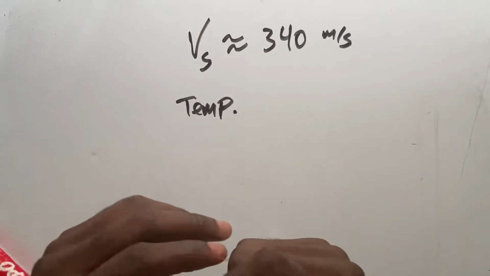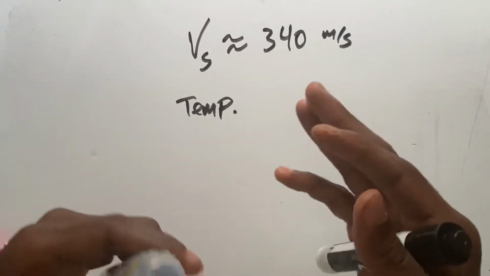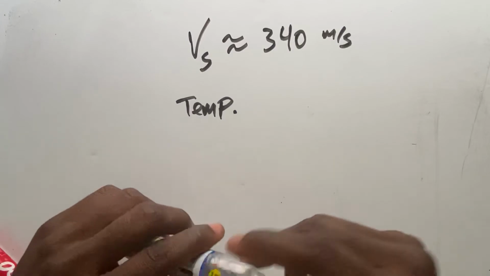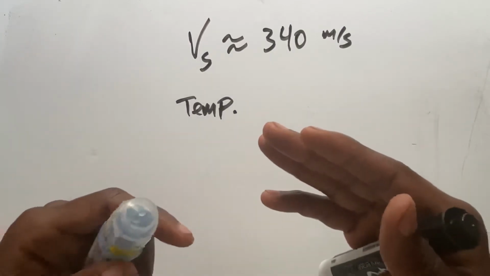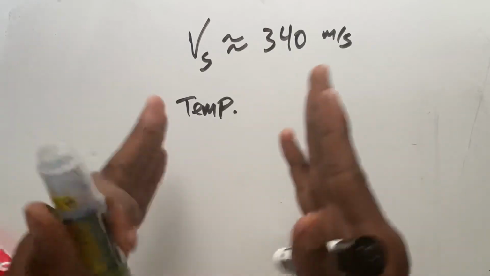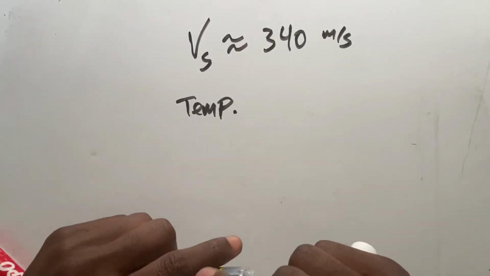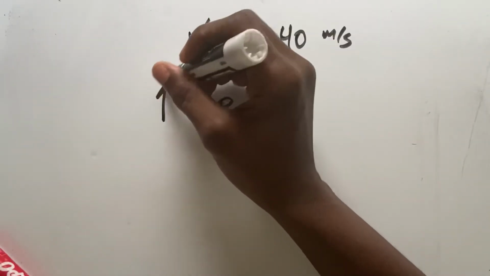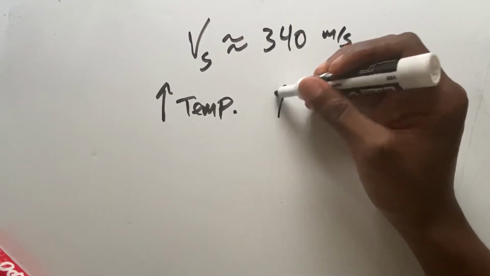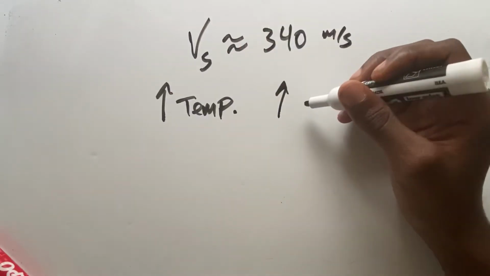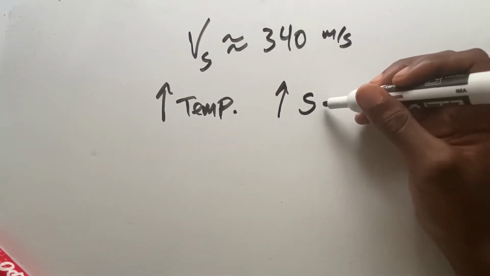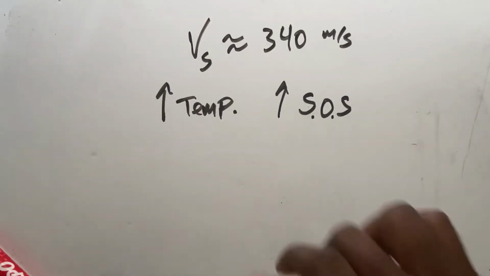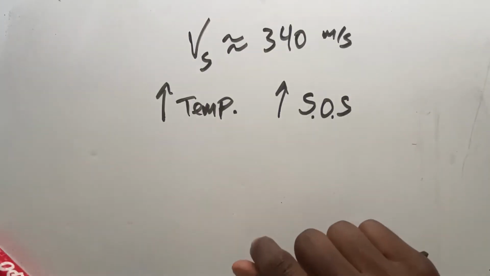So since we know sound is traveling through air and the speed of sound depends on the medium it's in, if air is at a different temperature, that's almost the same as changing the medium, because now the air has a different temperature. So basically, if you increase the temperature, you increase the speed of sound. I'm going to call it SOS for speed of sound. So if you increase the temperature, you increase the speed of sound.